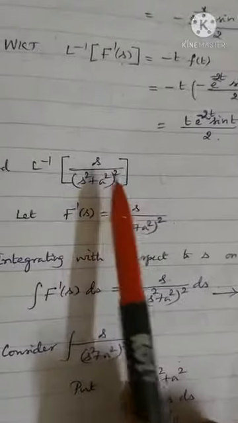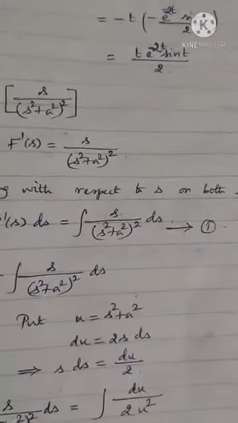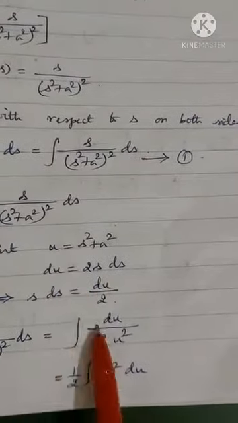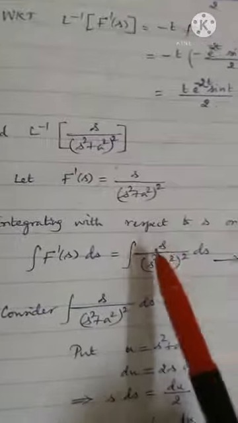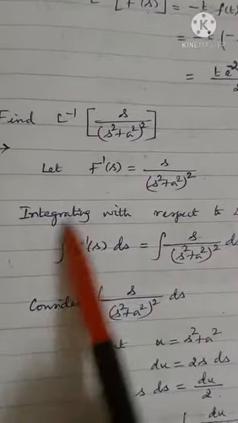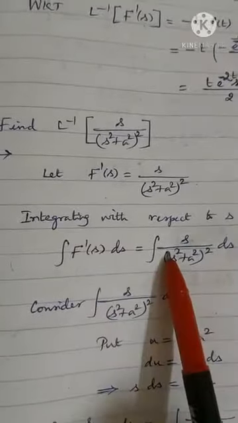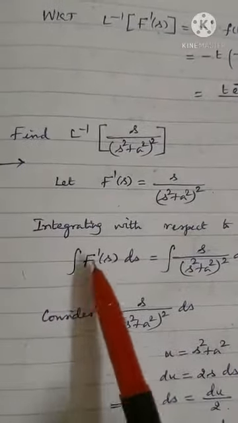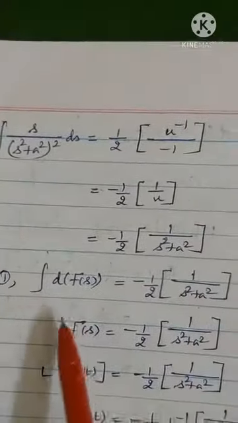First you have to assume this as f dash of s. Integrate both sides. Consider this term alone. Use the substitution method. Find the value of the integral. Substitute the value of the integral here, and this is capital F of s. Since f of s is L of f of t, find f of t. After finding f of t, substitute the value of f of t in the formula, where the problem is over.